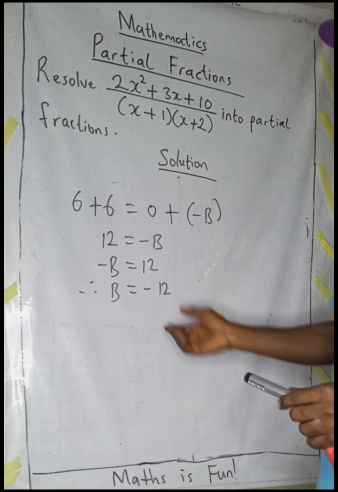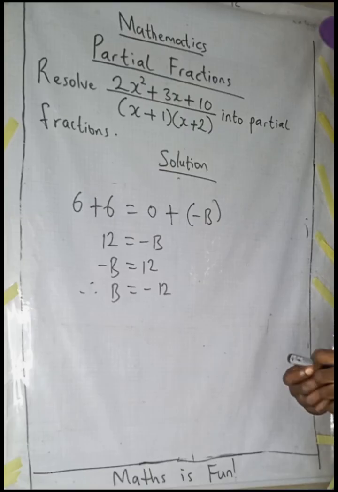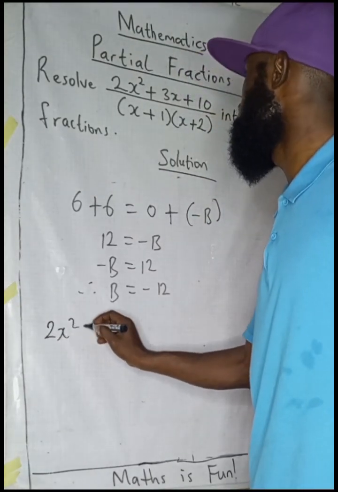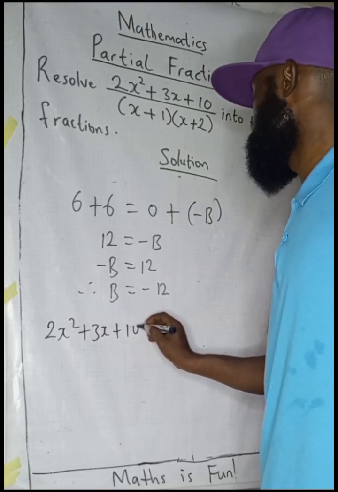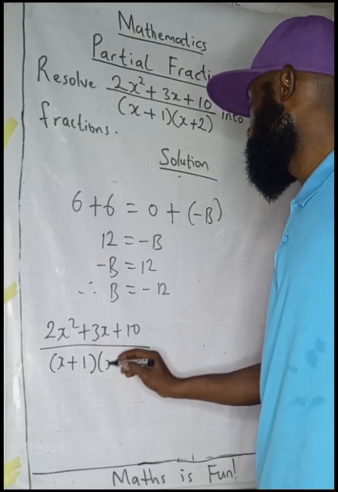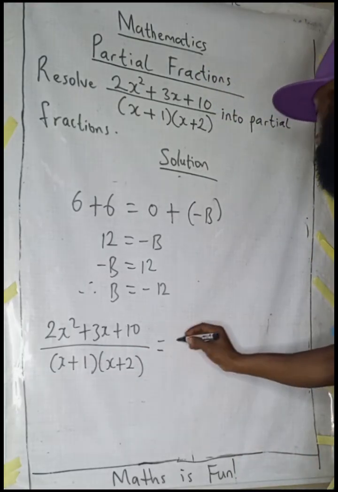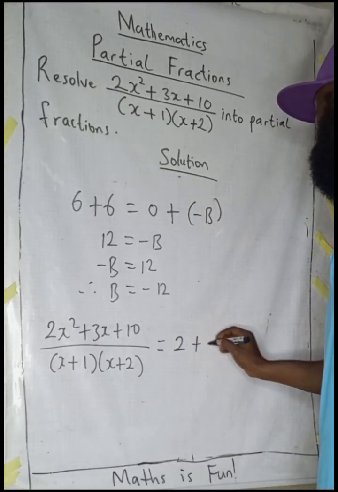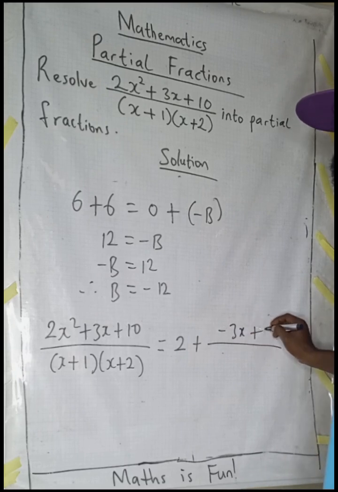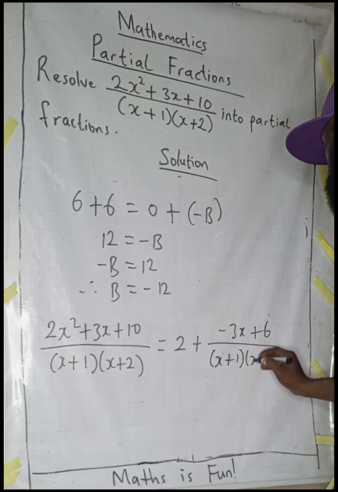So we have the value of a and the value of b now. So we can play with the fraction. Remember that this original one, which is 2x squared plus 3x plus 10 over x plus 1 times x plus 2, gave us 2 plus minus 3x plus 6, all over x plus 1 times x plus 2.